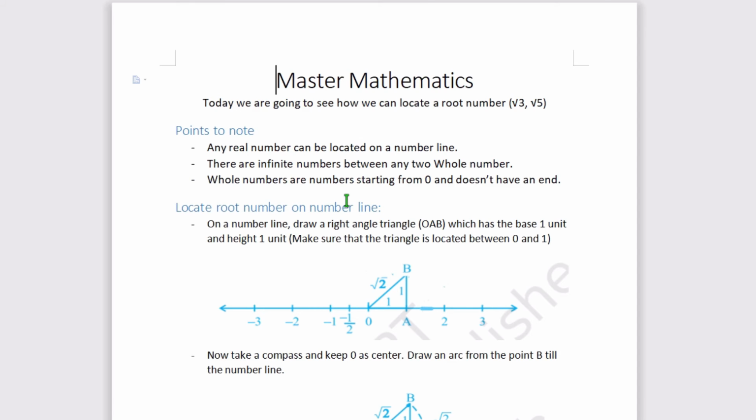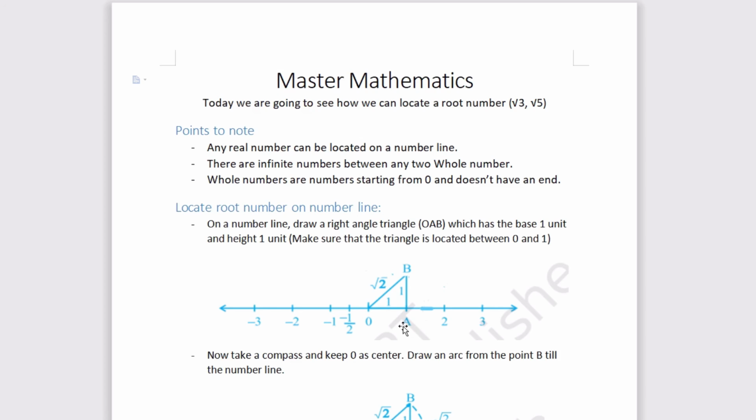So let's go with the smallest one, root 2. If you want to locate root 2 on a number line, make sure to draw a right angle triangle on the number line. Make sure that the base is 1 and the height is also 1 unit. Okay, 0 is here and this is 1.